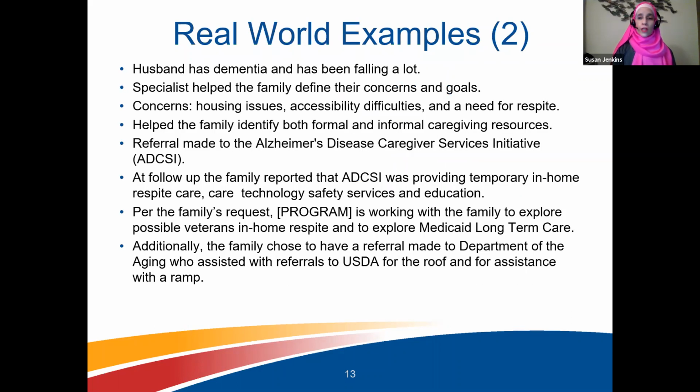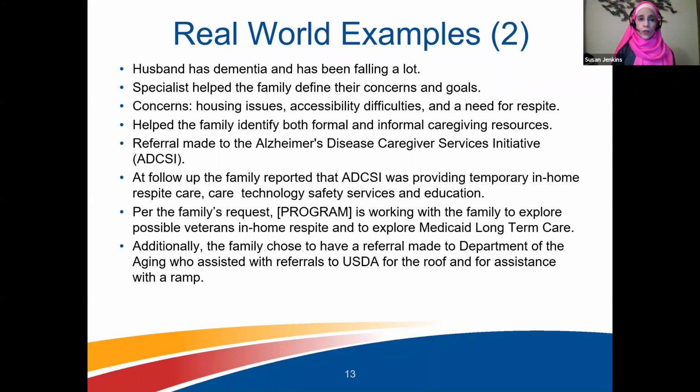The next real-world example, and when you have the slides, I realize it's very small on the screen right now. When you have the slides, you'll have all of the words, but it talks about a husband who has dementia and he has been falling a lot. The specialist helped the family to define their concerns and goals. Their concerns were related to housing, accessibility difficulties, a need for respite.